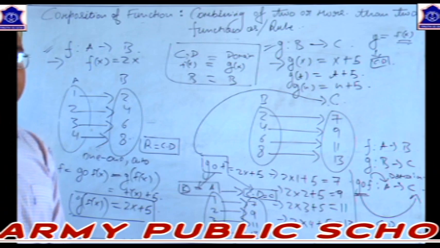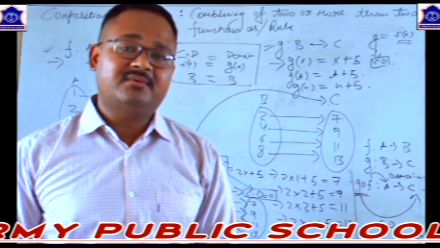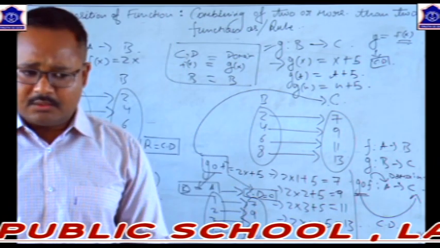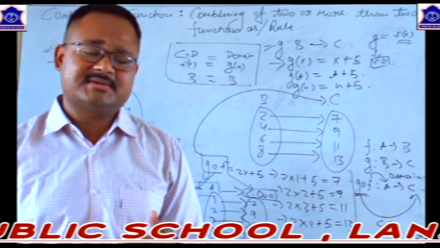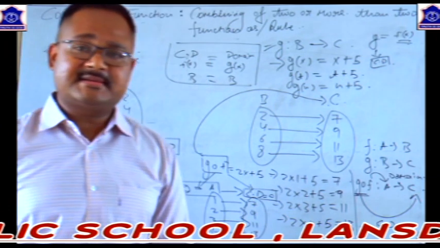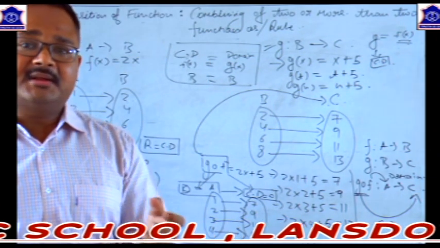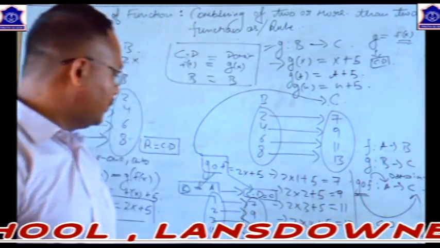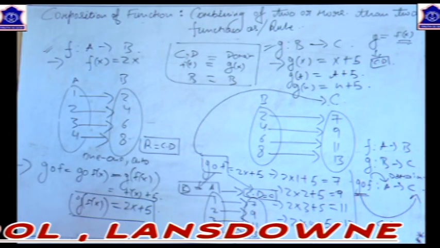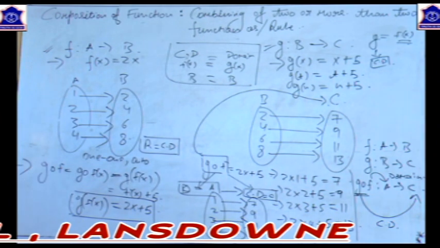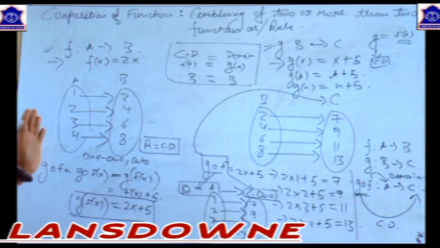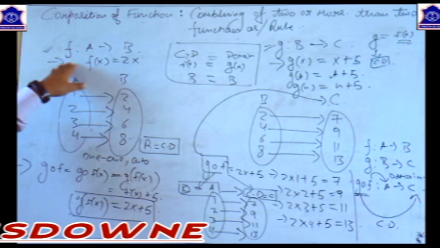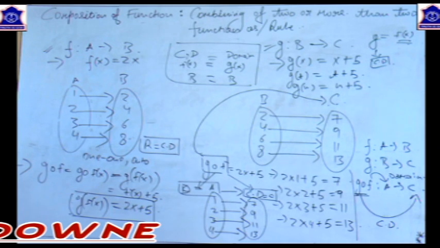Okay, so this concept will be clearer when we solve the questions, because in this concept we have different questions and different questions have different concepts. So it is very necessary to go through the questions to obtain proper knowledge of the concepts related to different questions. Okay, so students, here we have combined two functions, f and g, using a rule, that is GOF.